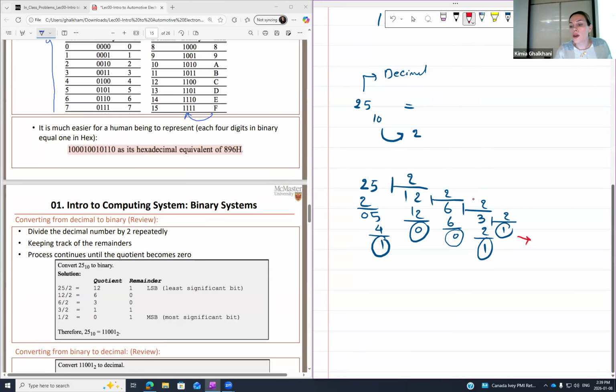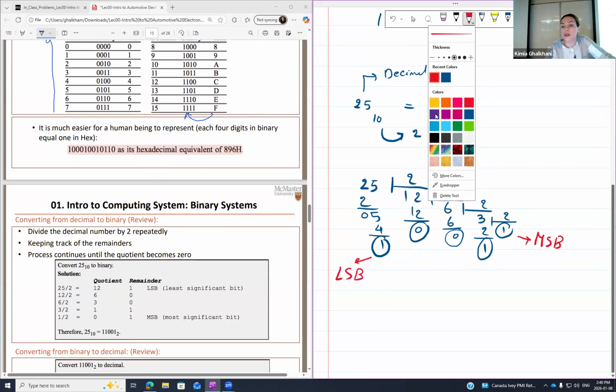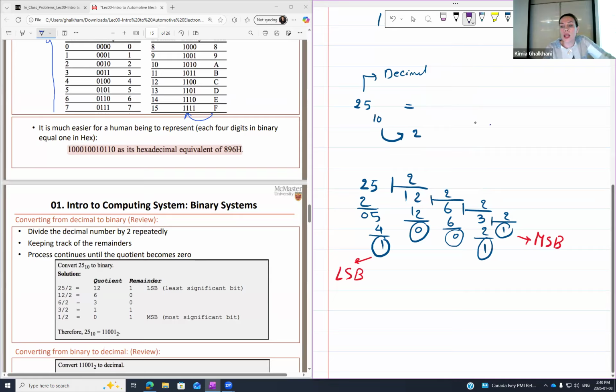So what do I call this right now? I call this one most significant bit. And I call this one least significant bit. So in order to convert 10 to 2, I start from most significant bit to least significant bit, right? So I'm going to put it down like this: 1, 1, 0, 0, 1.